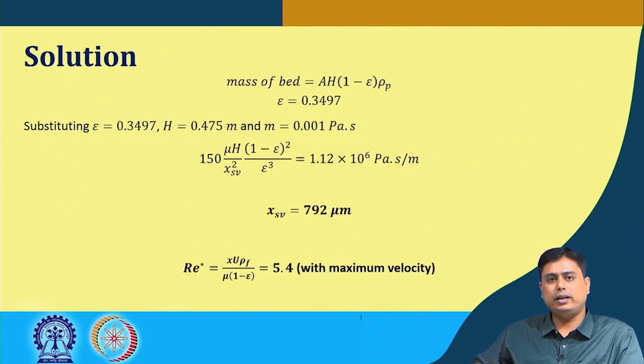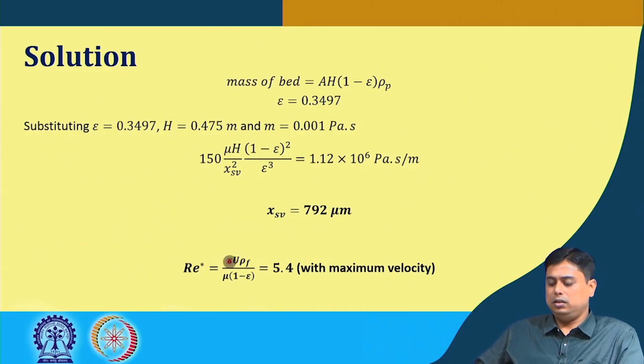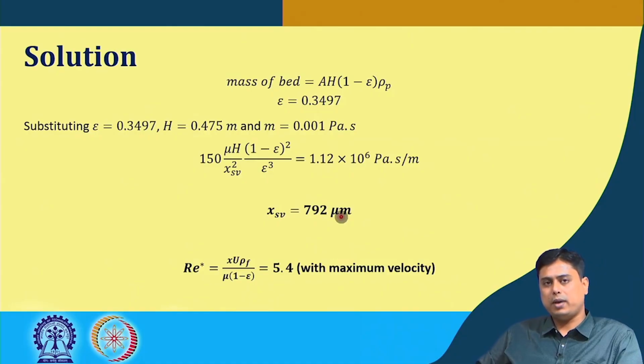If we calculate the Reynolds number from its definition, with x now being 792 micron, u the superficial velocity, rho f the density of the fluid, mu the viscosity of the fluid, and 1 minus epsilon being 1 minus the voidage, we find that it is 5.4, which is well within the laminar flow range.